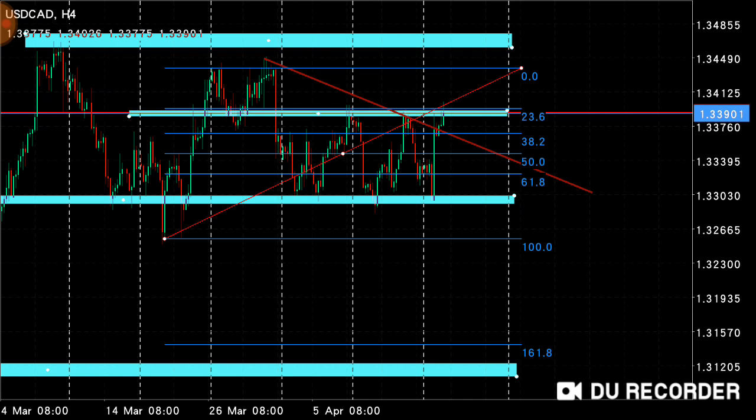Na unaweza kuona kabisa my Fibonacci retracement, my trend lines and my zones zote zinaniambia you have to sell. Sababu gani? Price ipo katika zone hii, resistance zone. Sawa.